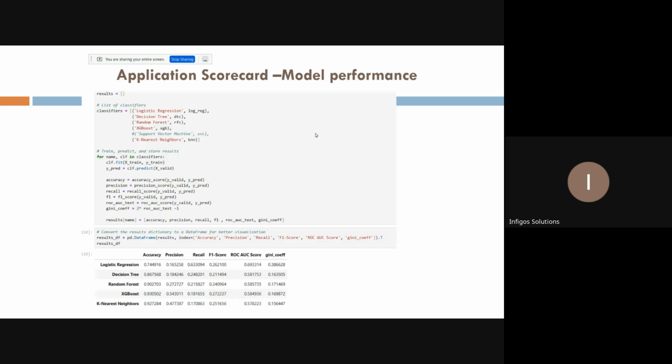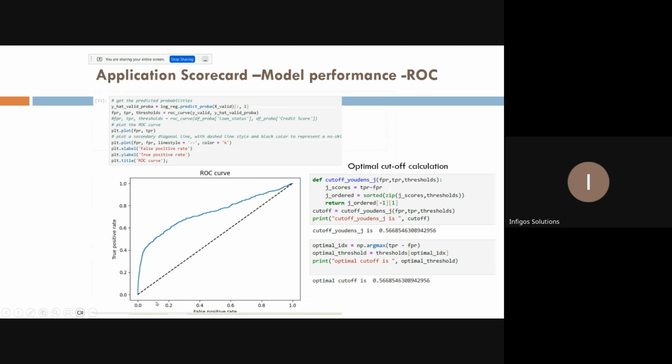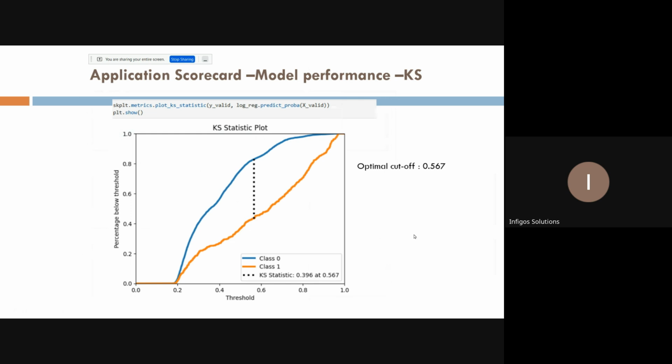This is model performance, 69% AUC, which is close to 70. This is with SMOTE, again close to 70. This is the ROC. The cutoff is 0.567, with the KS also.